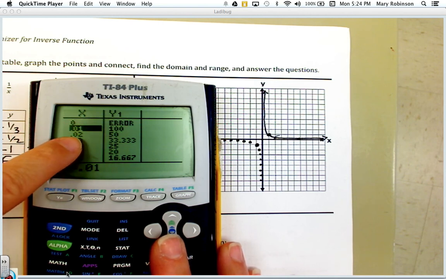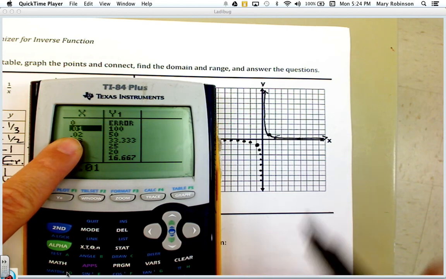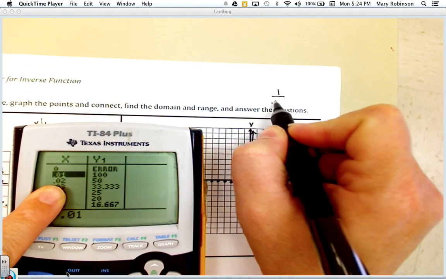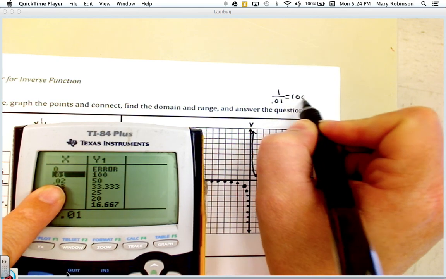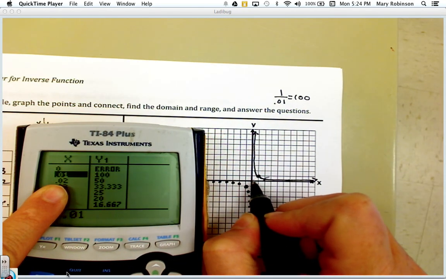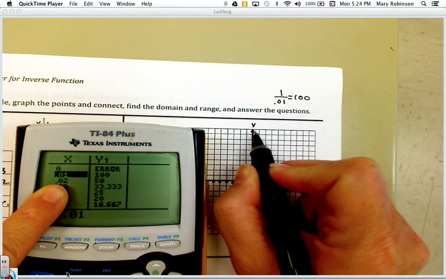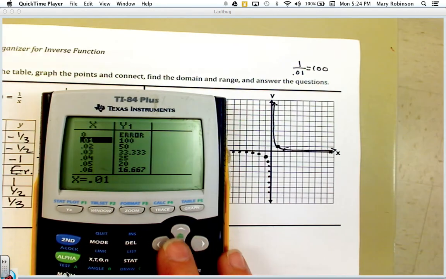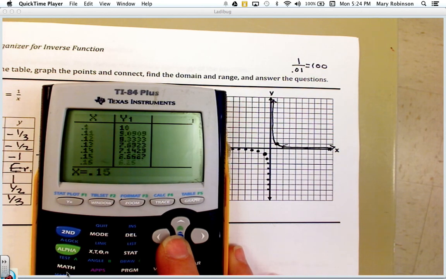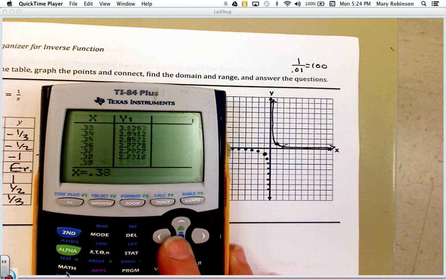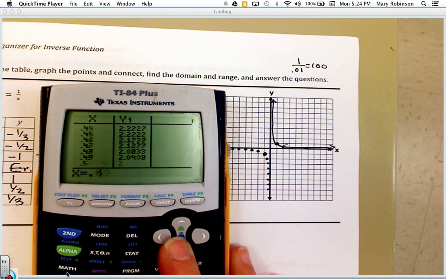If we put in 0.01, meaning 1 divided by 0.01, think about it like a dollar divided by a penny. There are 100 pennies in a dollar. So for 0.01, our y value is way up here at 100. But then it quickly starts to get closer to 0. See, it's decreasing as we're approaching 1, getting closer and closer and closer to 0.